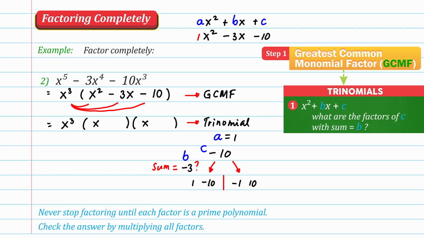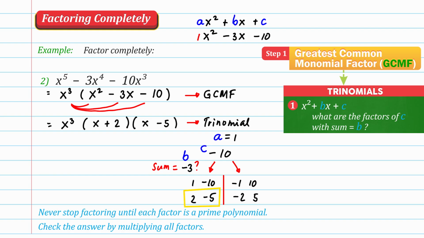But none of these two factor pairs add up to negative 3. Let's try 2 times negative 5, and their opposites, negative 2 times 5. We observe that 2 and negative 5 have a sum equal to negative 3. So we use these and place them here.